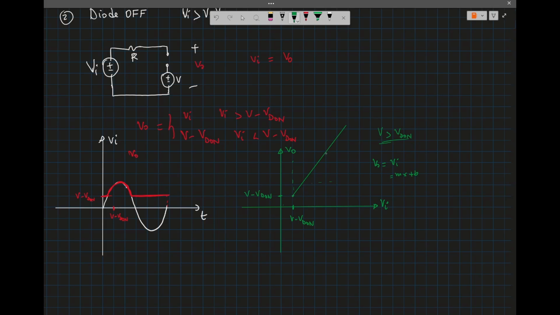And then when VI is less than V minus VD1, the output will be constant, equal to this. So the transfer characteristic looks something like this.